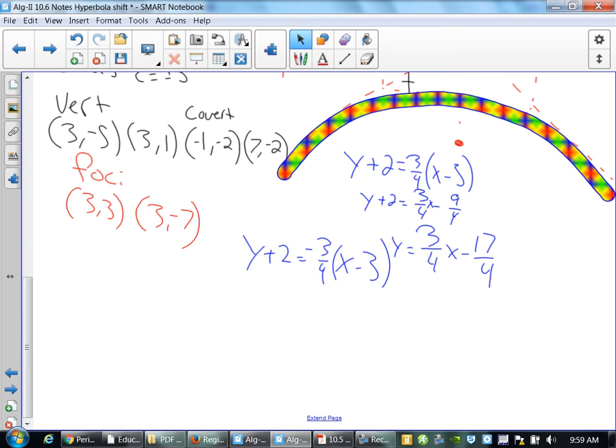Negative 9 minus 8 is negative 17. There's one of them. The other one will be y plus 2 equals negative 3/4 x plus 9/4. And now when I subtract over the 2, I'm subtracting 8 over 4, which gives 1/4.